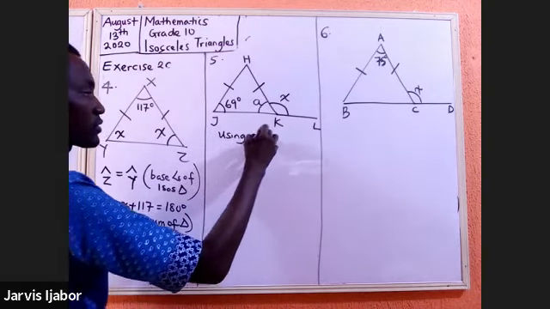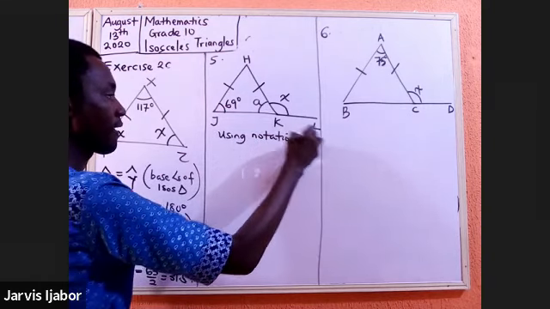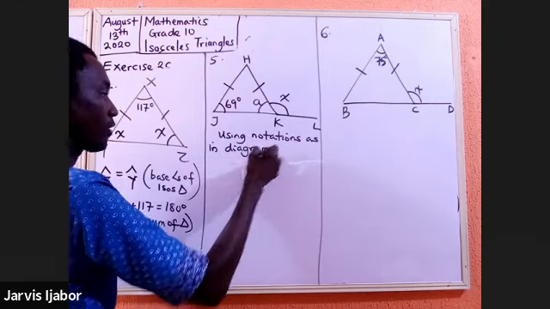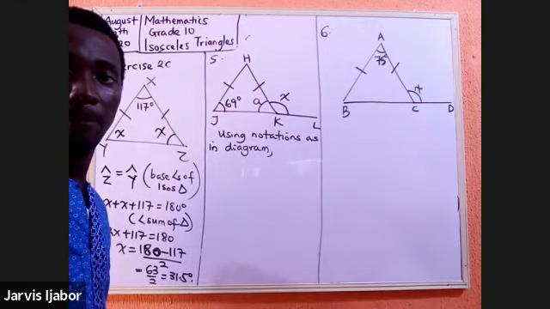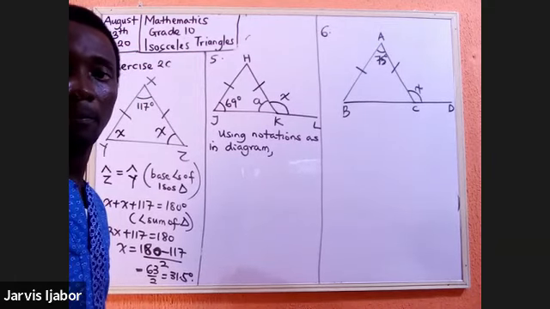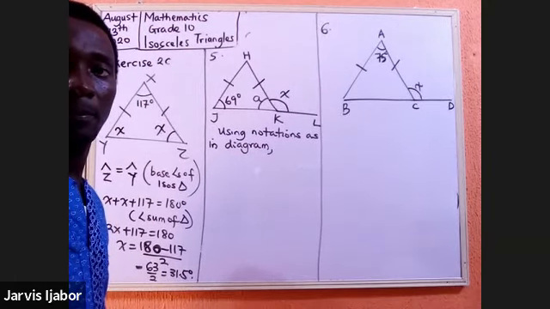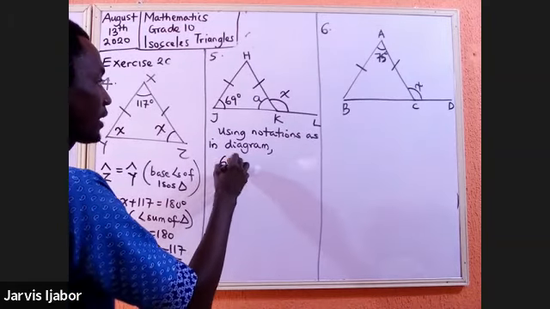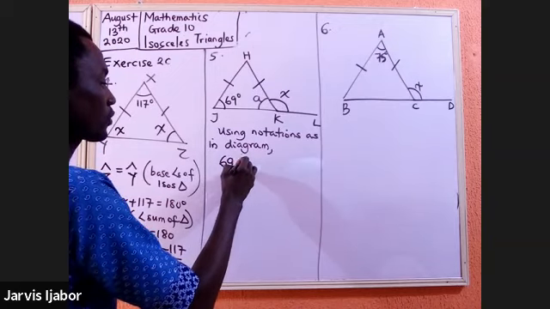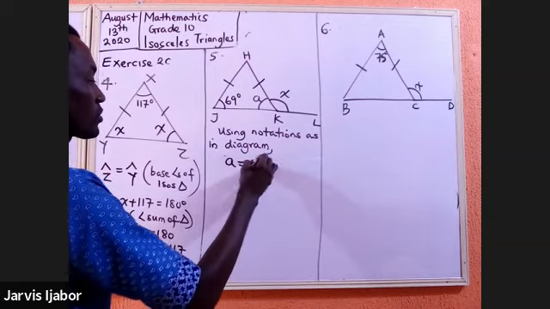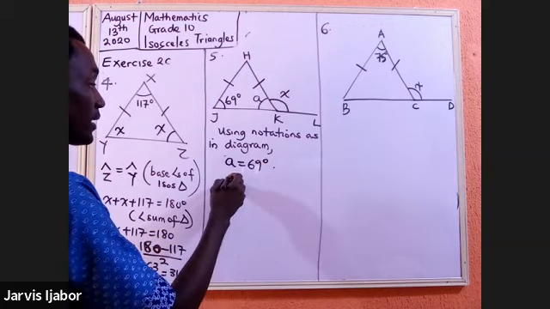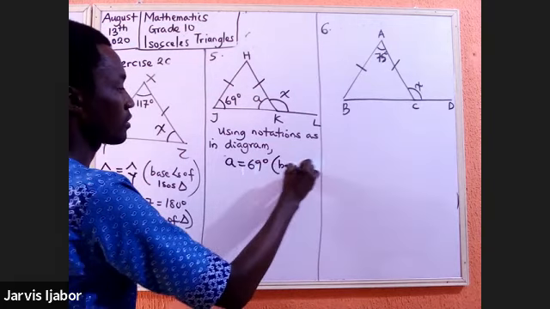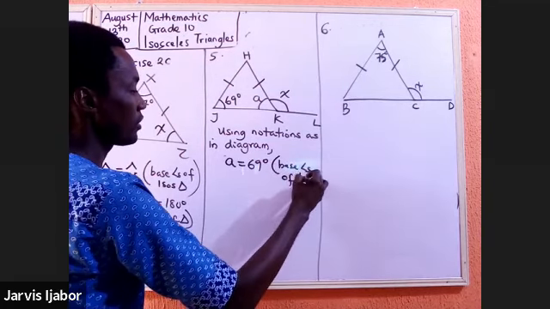Using notations as in diagram, comma, A is equal to 69 degrees, meaning that A is equal to 69 degrees are base angles of isosceles triangle, right?